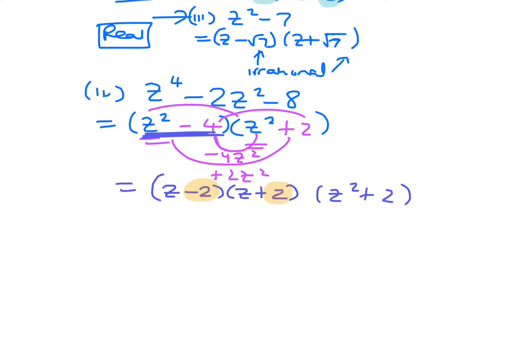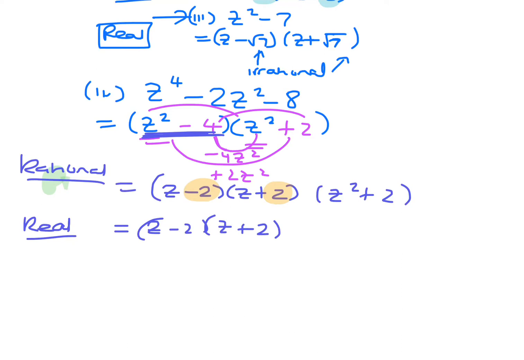That one's rational. All right, then if you want to do it over the real field, the real field would still be the same because I can't really do much more than this.